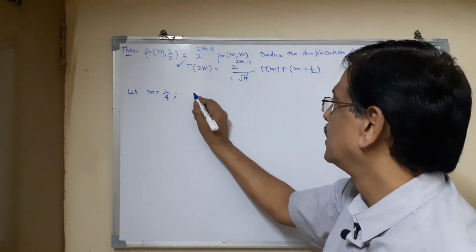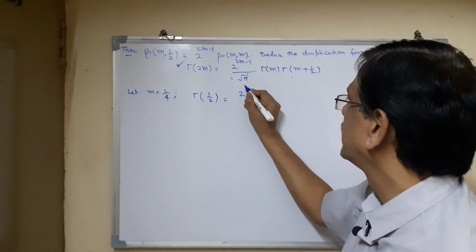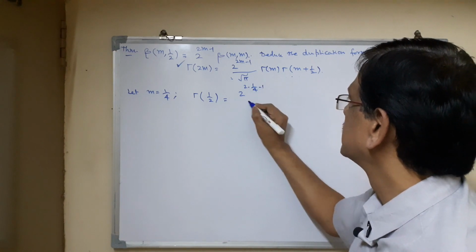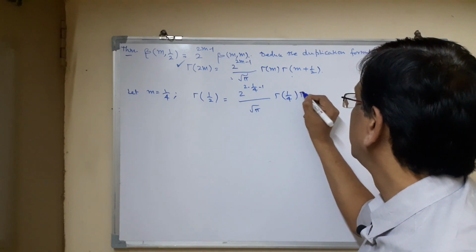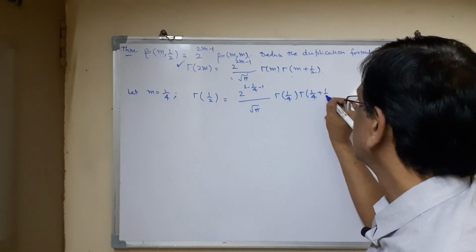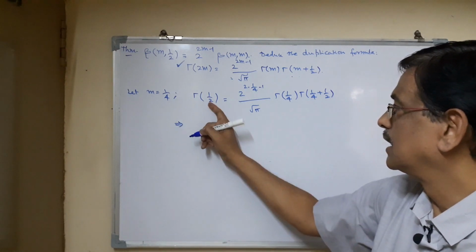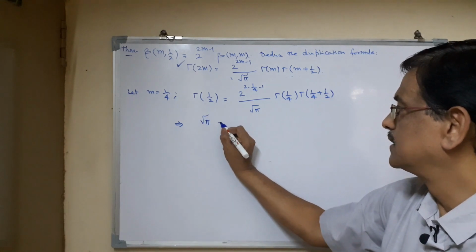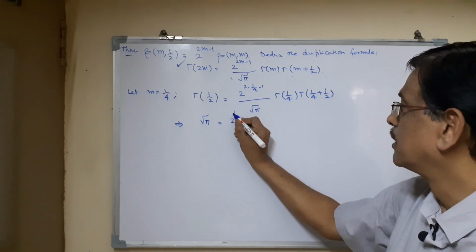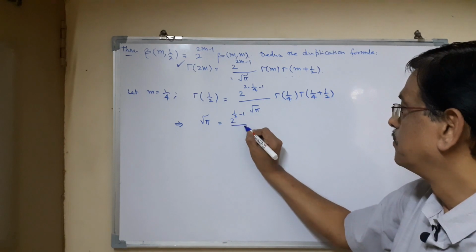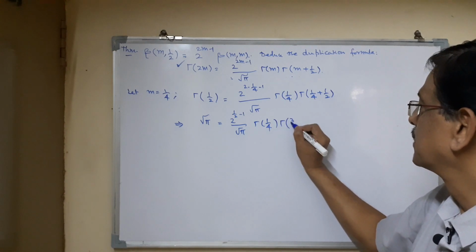If m equal to 1 by 4, this is gamma of 2 into 1 by 4, gamma 1 by 2, is equal to 2 power 2 into 1 by 4 minus 1 by root pi into gamma of 1 by 4 into gamma of 1 by 4 plus half. This implies gamma half, which is root pi, is equal to 2 power 1 by 2 minus 1 by root pi into gamma 1 by 4 gamma 3 by 4.